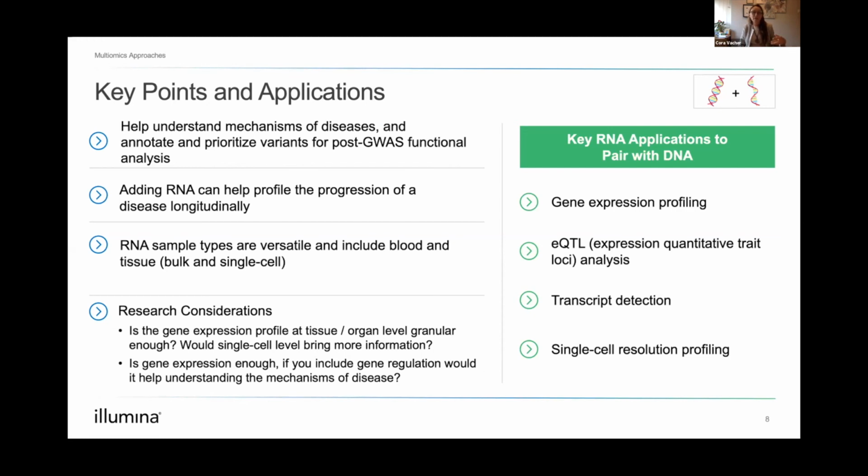RNA will help with the fine mapping and the functional analysis and the annotation, whether the QTL or more coding variants. But they also can provide a lot of information around progression of disease and the different subphenotypes of the disorder.